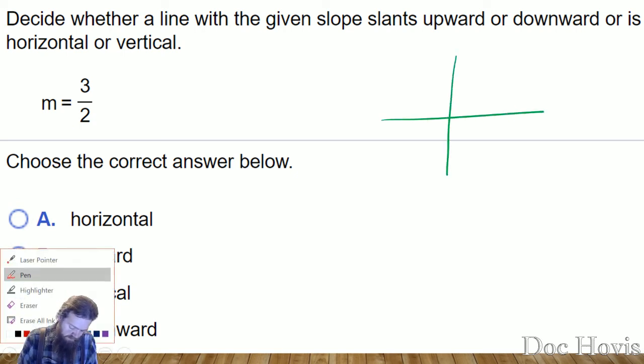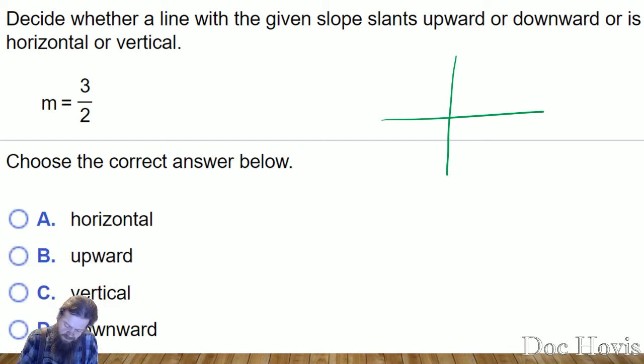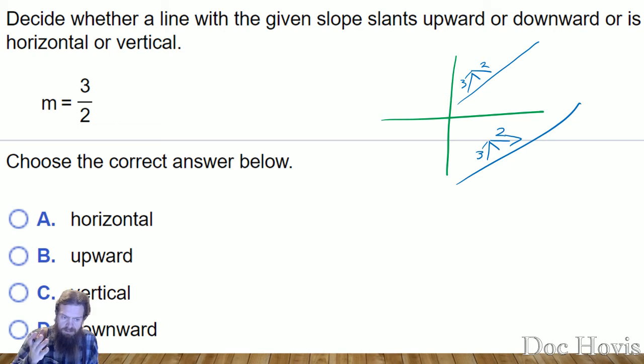So it starts and it goes up 3 and it goes to the right 2. So whatever my line is, if it's going up 3 and to the right 2, that is an upward slope. It's a positive slope. It's going upward.